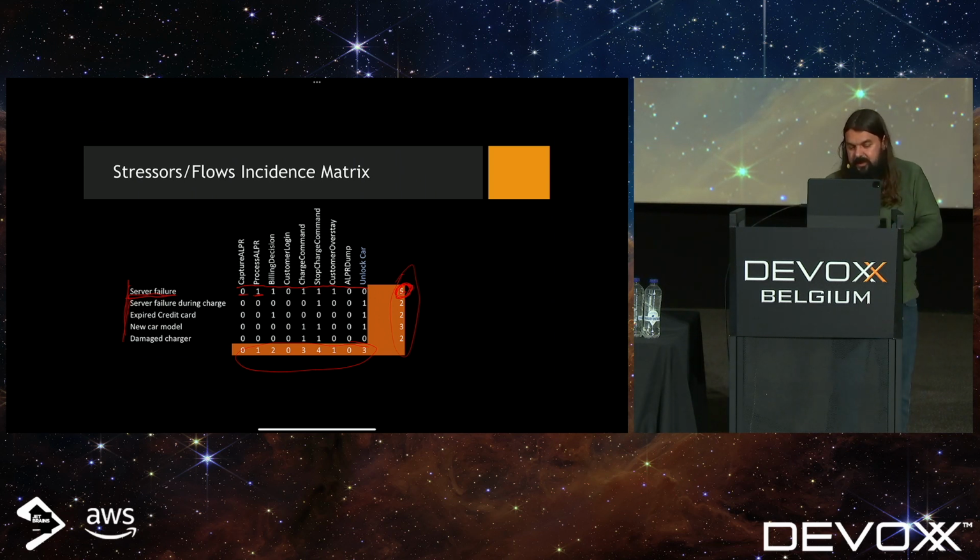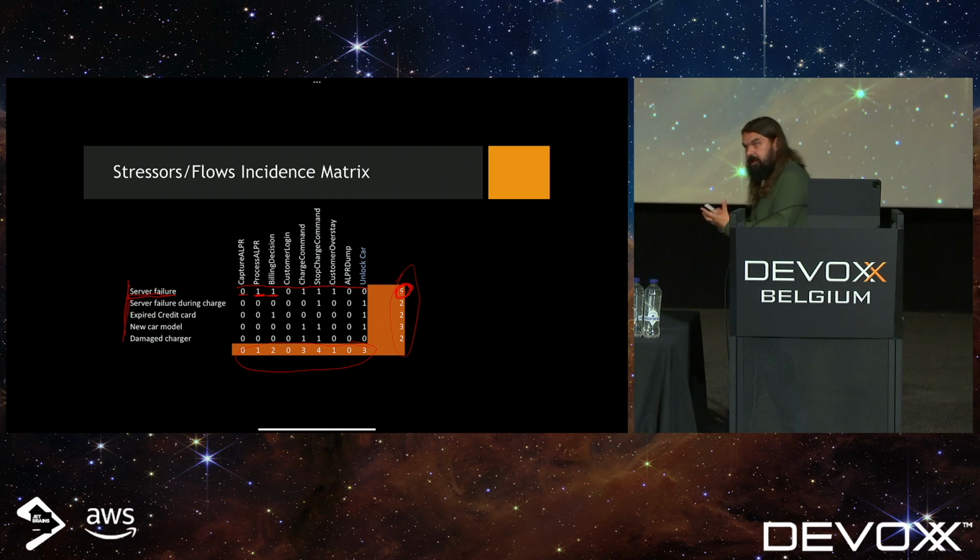And when we see a 1 here and a 1 here, then we know that there's coupling between those two things because the stressor's hitting both of them. And it's that CG relationship.